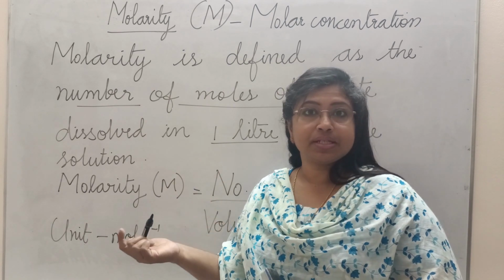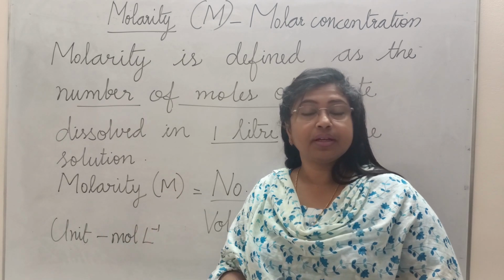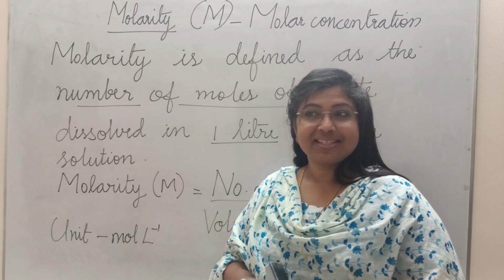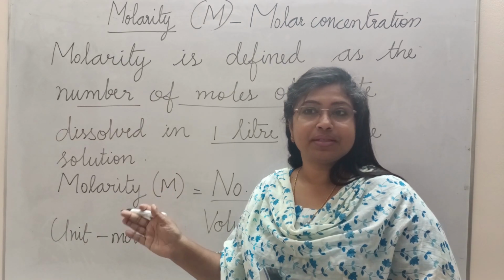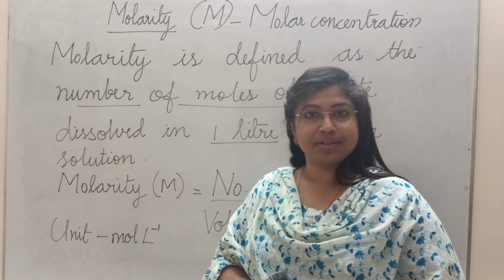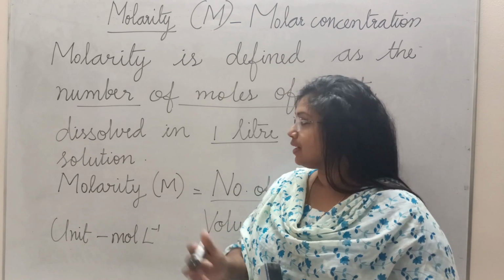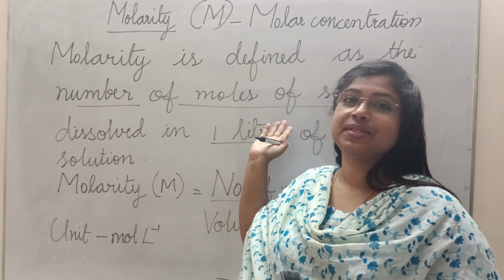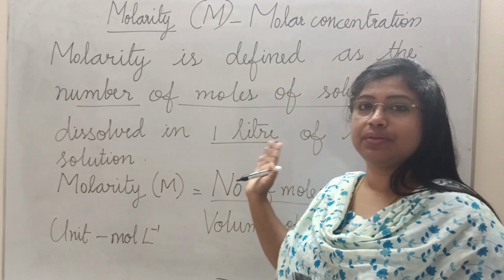Usually you use it in the chemistry lab for calculating the strength of a solution. It's a common term that you use for volumetric analysis and all. So, what is molarity? It is the number of moles of solute dissolved in 1 liter of the solution.